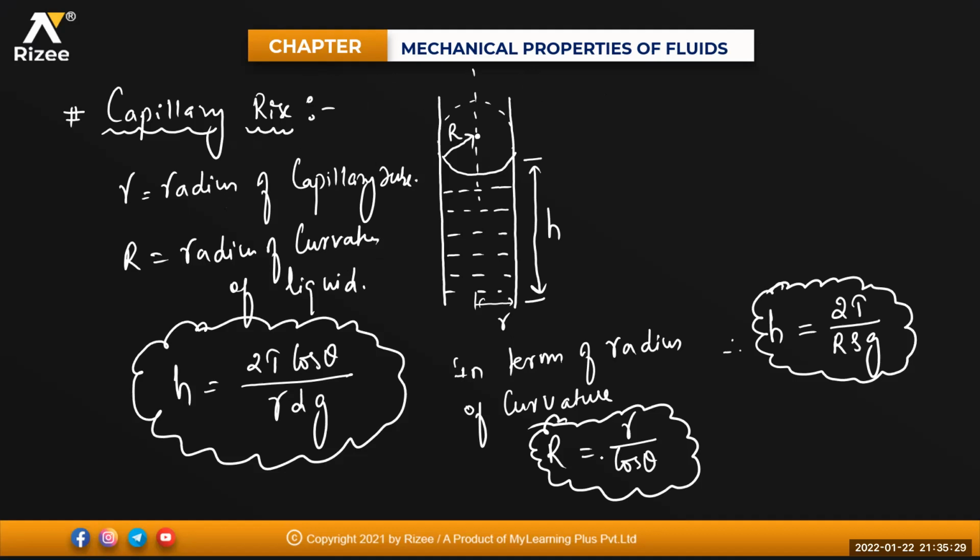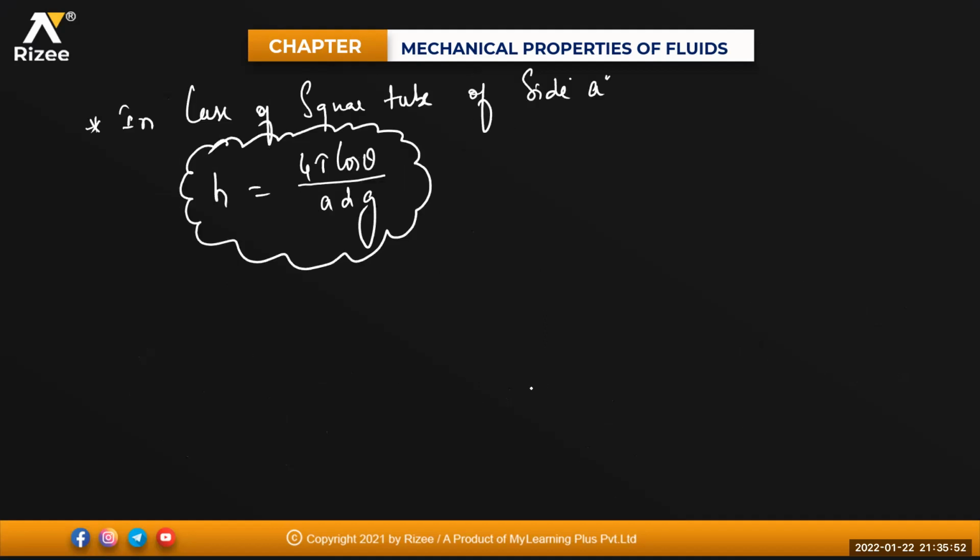The relation between capital R, the radius of curvature, and small r is R equals r divided by cos theta, or h equals 2T divided by R rho g, because cos theta by small r can be written as 1 by R. Clear? So in case of a square tube, instead of 2T we write 4T, and instead of the radius we write the side of the tube, that is a.